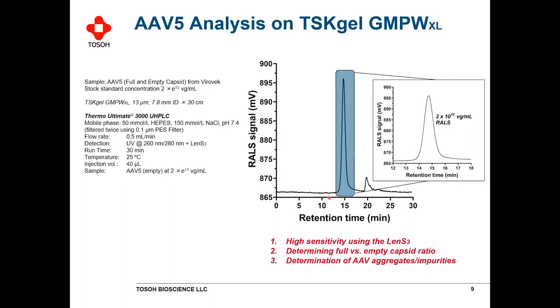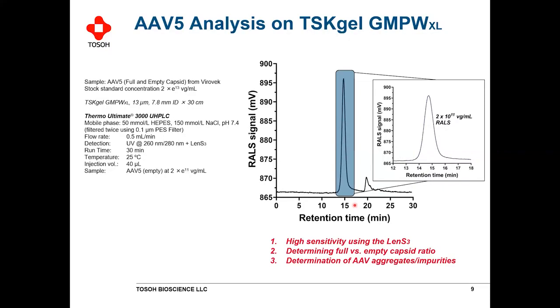And so here you can see this AAV5 material. This particular sample is actually empty, meaning there's no genomic material on the inside. And we can see the response by light scattering. We get a nice large response from light scattering. One of our preferences towards using light scattering as opposed to other methods of detection is that the signal is not only proportional to the concentration of your sample, but also molecular weight.